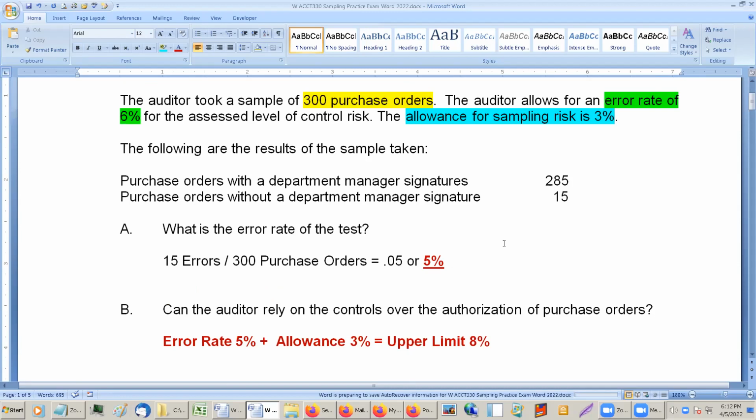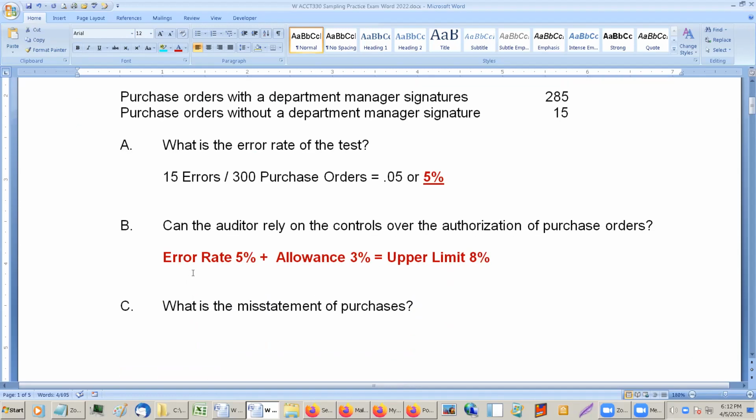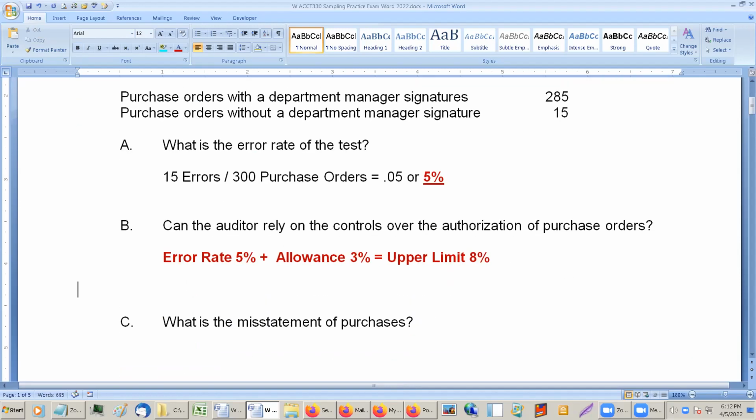So can we rely on this? The error rate is 6%. We say no. Nope.